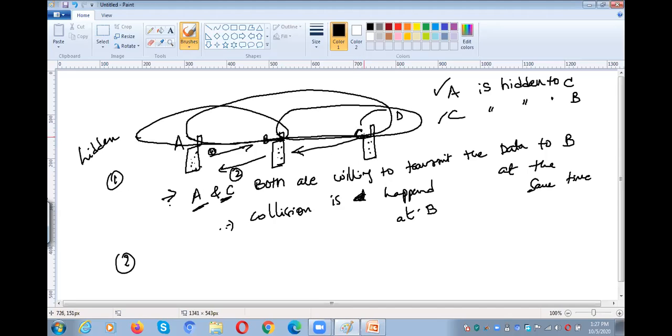But C is exposed because of B. Why? Because B is in the transmission range of C. So whenever C is trying to transmit the data, C might think that in my transmission range B is there, and B is doing some transaction. That is the reason why C doesn't want to send the information to D, because if I send some information, it may collide with B's information.